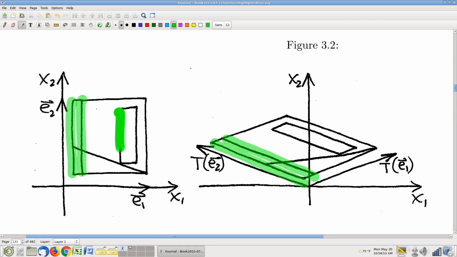So all these green lines here are all parallel. All of their green images are all parallel. Another way that this manifests is if you were to look at some little corner, some little region of the domain there, and look at what is the image of that little region.